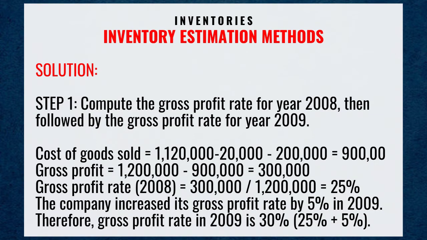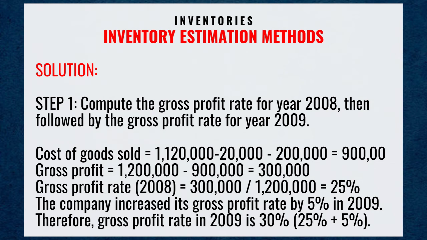Solution. Step 1. Compute the gross profit rate for year 2008, then followed by the gross profit rate for year 2009. Cost of goods sold is equal to 1,120,000 less 20,000 less 200,000 is equal to 900,000. Gross profit is equal to 1,200,000 less 900,000 is equal to 300,000.